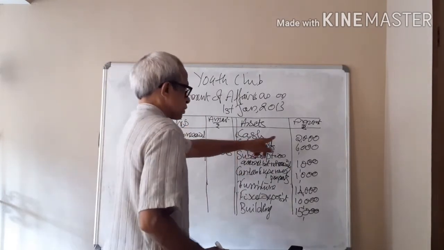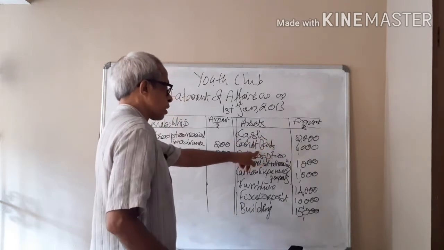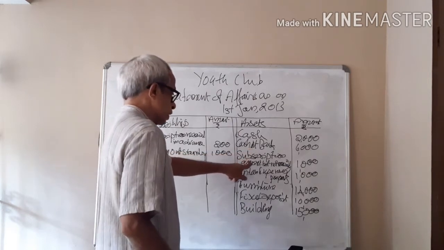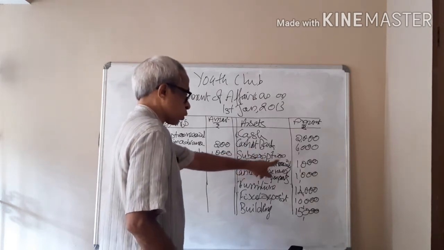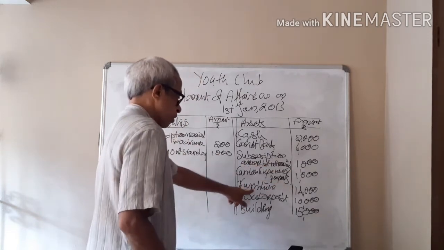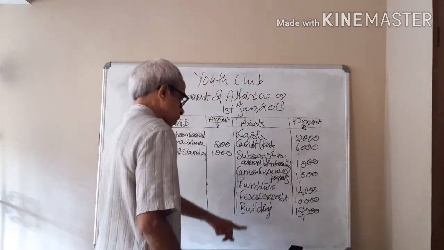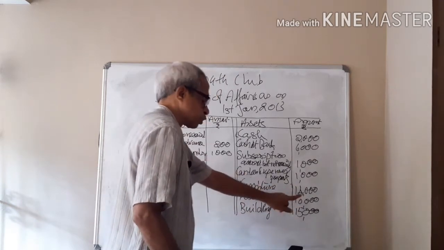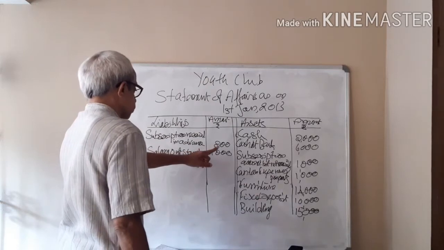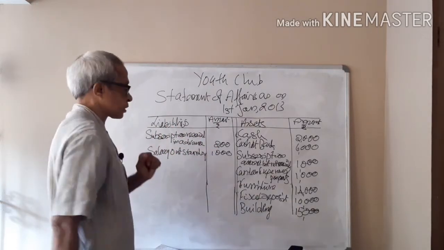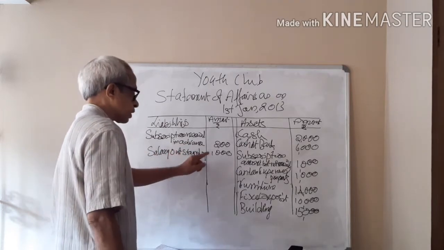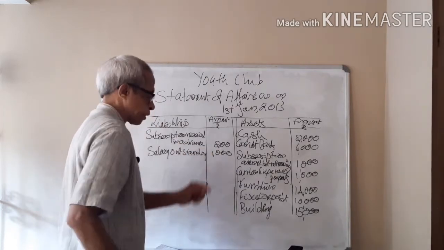So these are the items: cash, cash at bank, opening cash balance and opening bank balance, subscription accrued but not received on the opening date, canteen expenses prepaid on the opening date, furniture, fixed deposit, building, all opening date balances, then subscription received in advance, that is on the liability side, that is also opening date balance, then salary outstanding, that is also opening date balance.